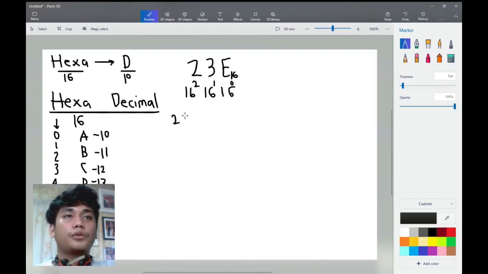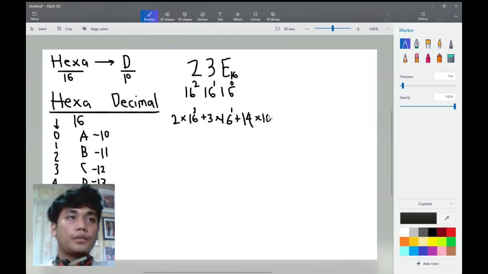So that's 2 times 16 to the power of 2 plus 3 times 16 to the power of 1 plus E. E corresponds to the number 14 in our characters. So it's 14 times 16 to the power of 0.